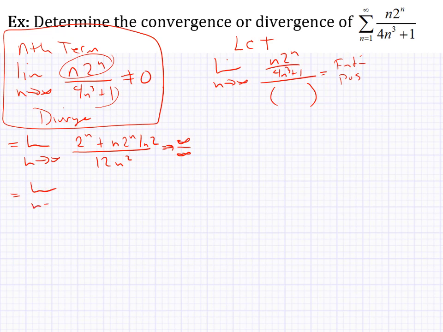So the limit as n goes to infinity of 2 to the n ln of 2, that's the derivative of this, plus take the derivative of this, I'm going to have to do product rule again, so that'll be 2 to the n ln of 2 plus n 2 to the n ln of 2 squared all over 24n.